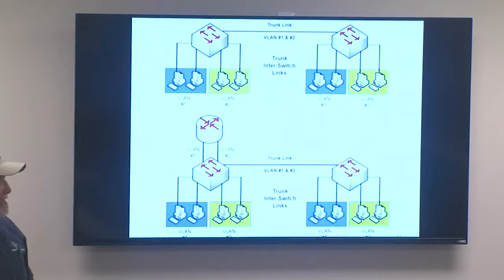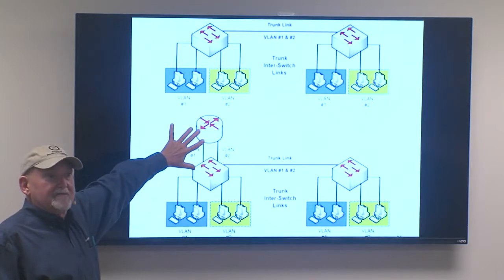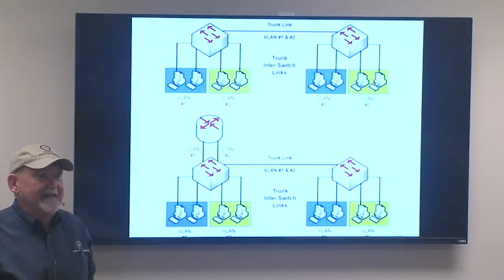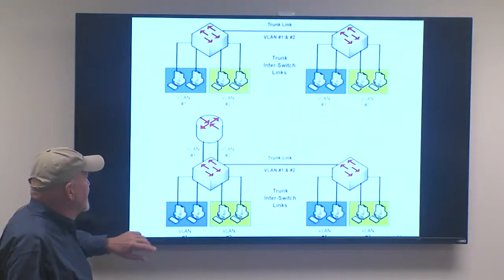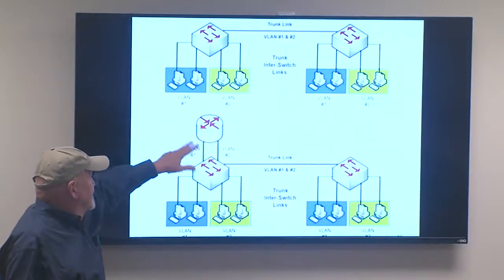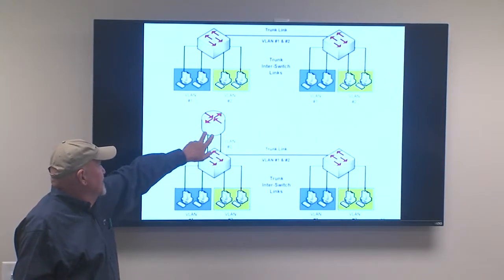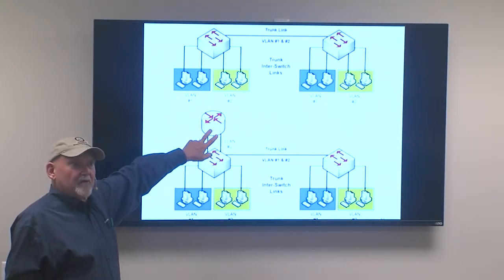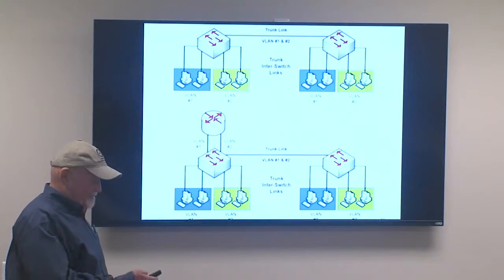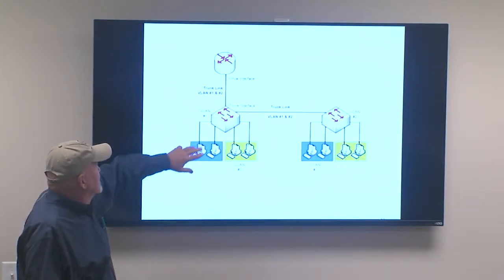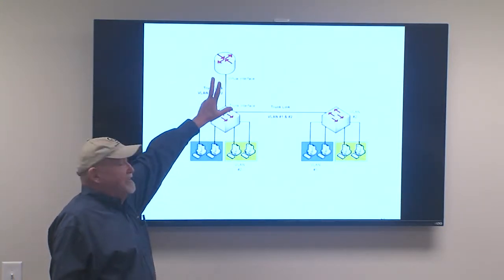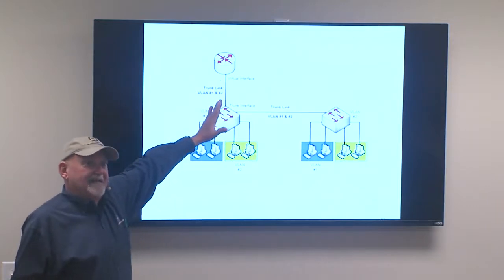So what do we do? We add a layer 3 router. Now we're kind of jumping ahead because we haven't talked about routing yet. And I can link VLANs, take an individual port from a switch into an individual port of a router. I also could do that with one cable.